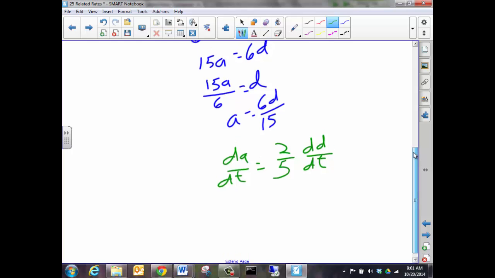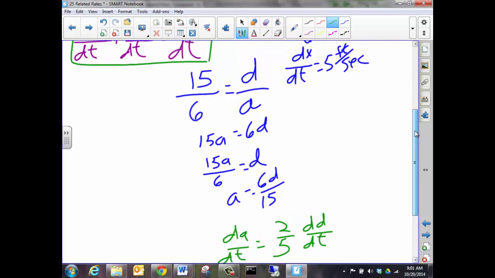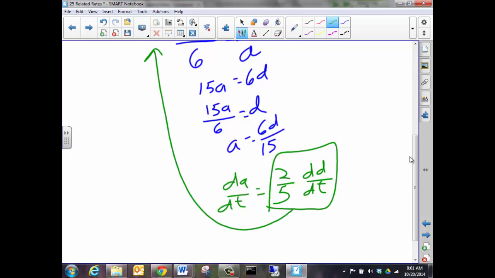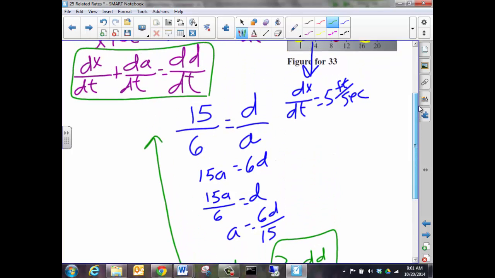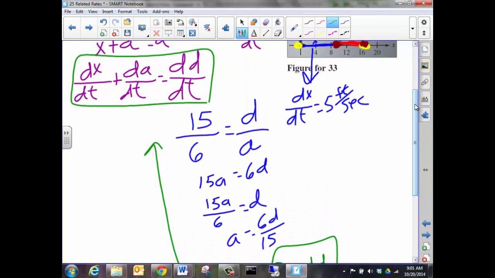Well, how does that help us, people? We have the formulas up there. So now we can take this and go back up here, and in place of dA, we can put 2/5 dD, can't we?